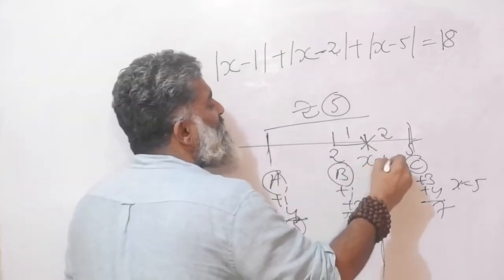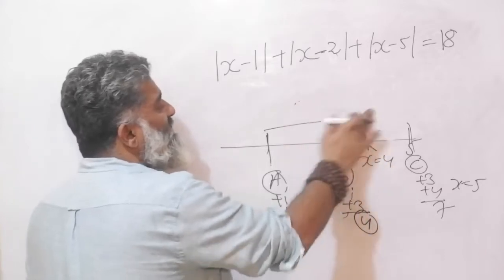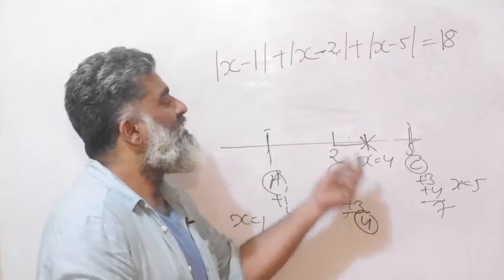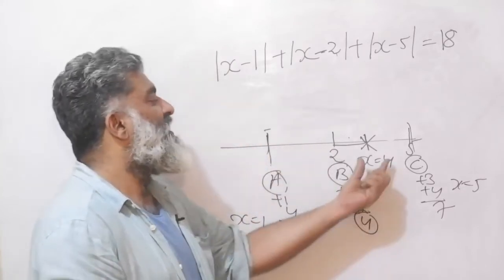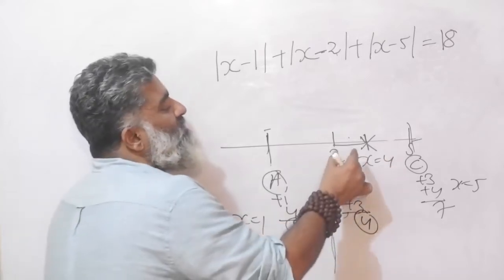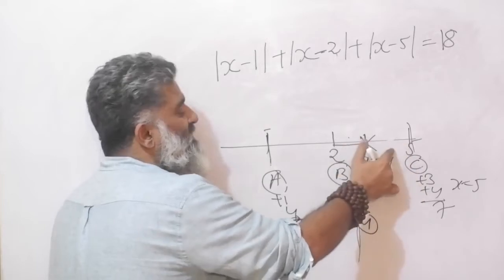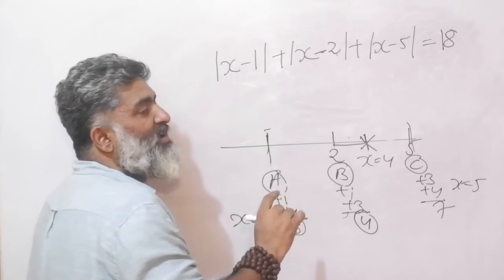Go to x is equal to 4. I'm just playing with the data, trying to decipher if there is a quick pattern that I can recognize, right? I've already got the big idea, but just staying with the story a little more for that extra little observation. If I say x is equal to 4, B's distance would be 2, C's distance would be 1, so 2 and 1, 3. And A's distance would be 3. So 3 plus 3, the total is becoming 6.